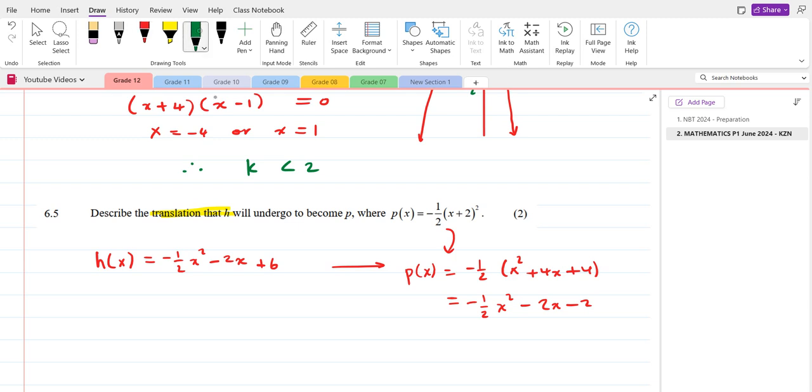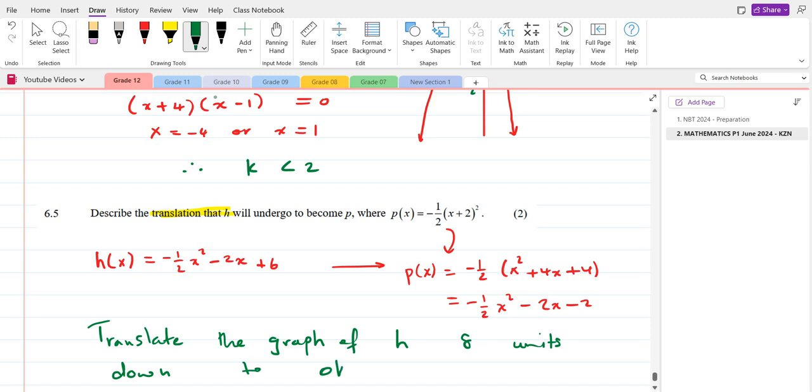So what you're going to do is we're going to say translate the graph of h 8 units down to obtain p of x.